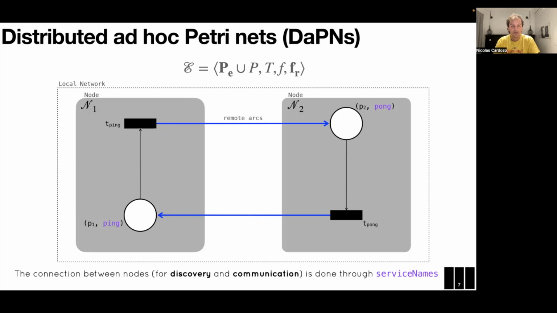Whenever this happens, we have a remote arc between the transition and the place. Both places in this example are remote interfaces, presenting the ID of the place and the remote interface to connect to a particular transition and be able to receive messages from it.